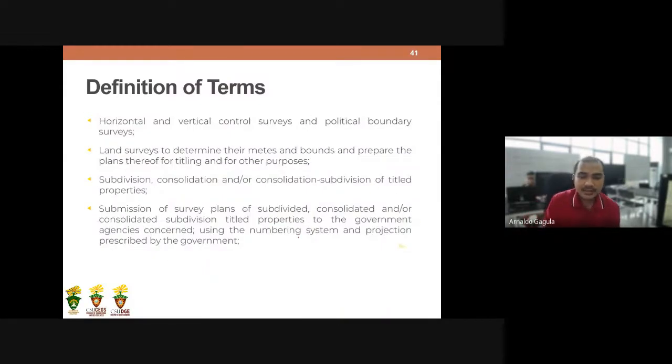Another activity is the horizontal and vertical control surveys. It also includes political boundary surveys, and land surveys to determine their meets and bounds and prepare the plans thereof for titling and other purposes.